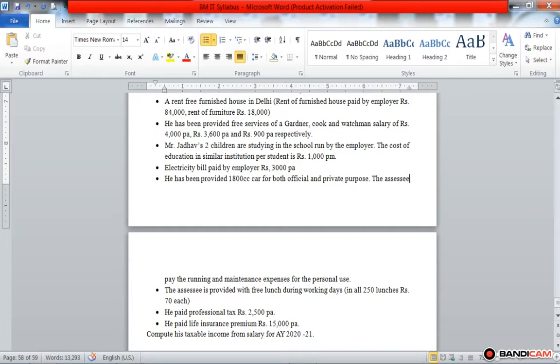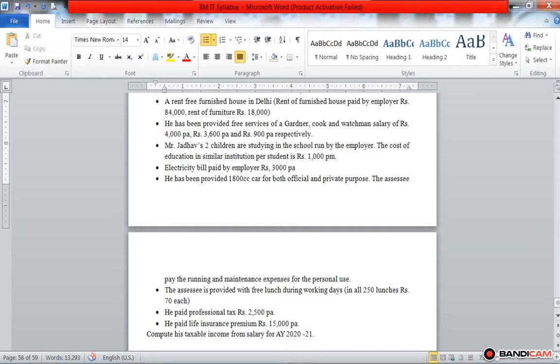Then we value the motor car, where the cc is taken into consideration, that is below 1.6 cc or above 1.6 cc. So here the car is above 1.6 cc, 1800 cc. We have to compute the car facility at 2,400 per month.